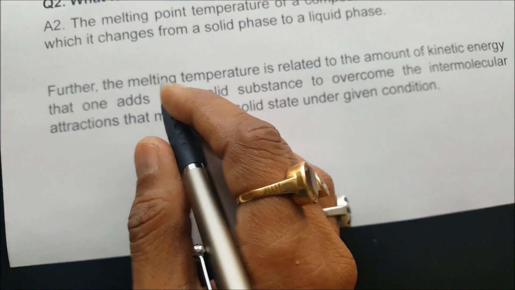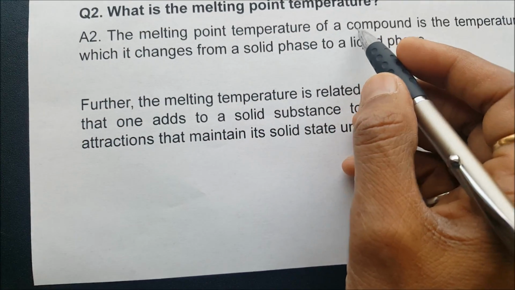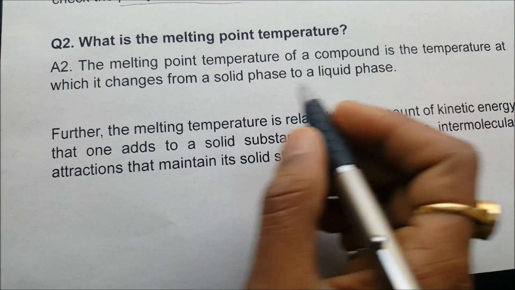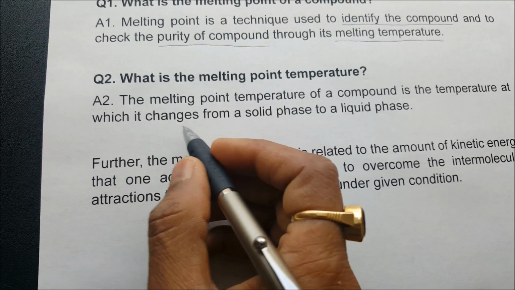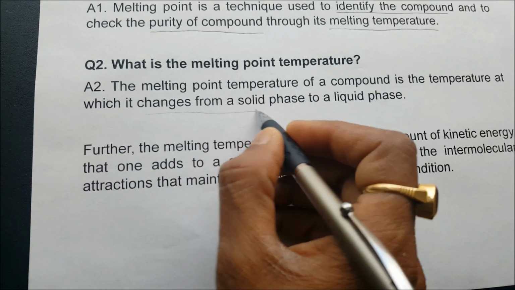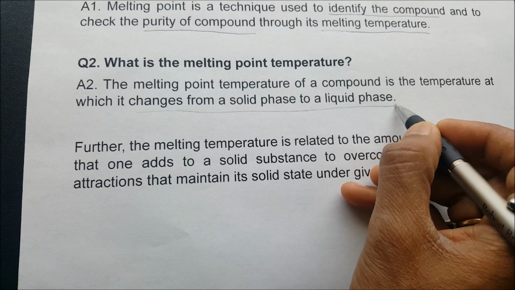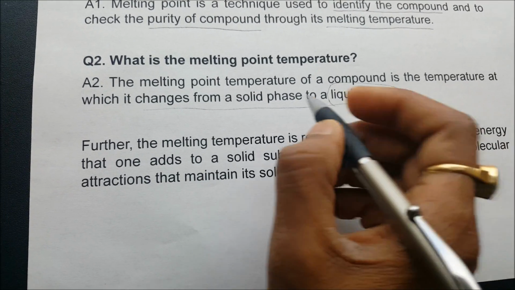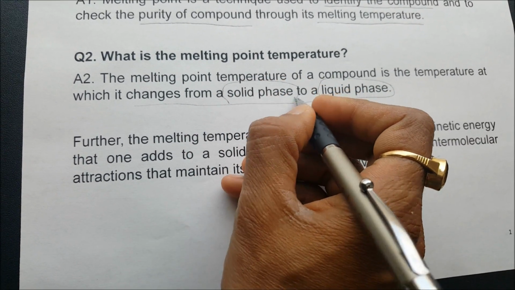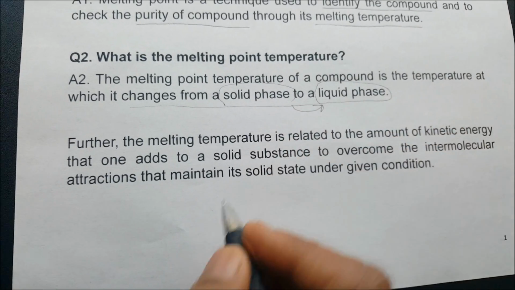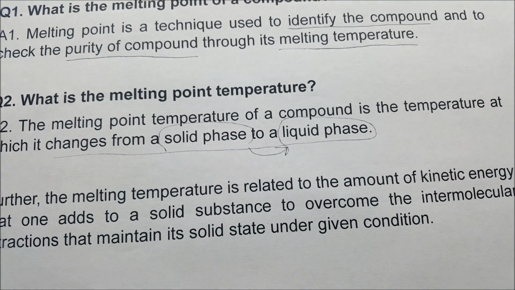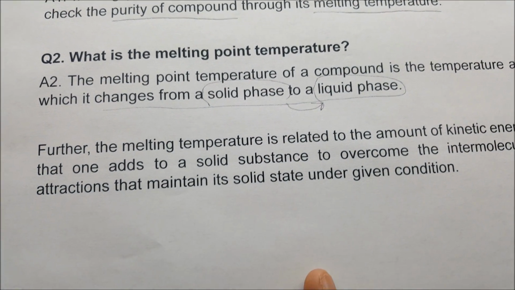Further in detail, the melting point temperature of a compound is the temperature at which it changes from solid phase to liquid phase, whenever we add temperature.